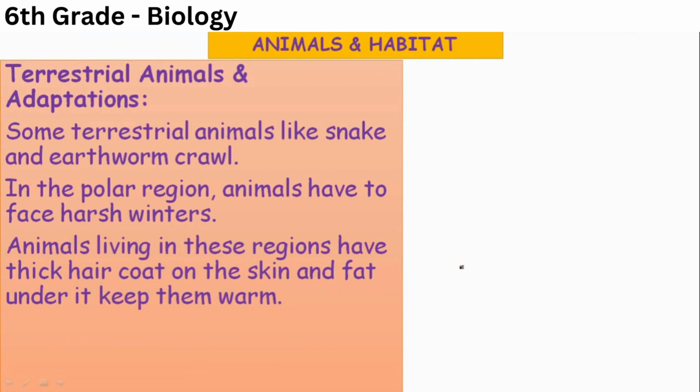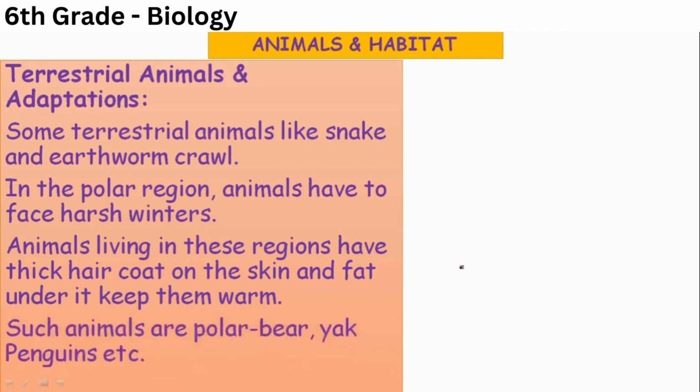The animals living in the polar regions have a thick hair coat on the skin and fat under it to keep them warm. The fat under the skin is called the blubber, which acts like an insulator and prevents heat loss from the body.